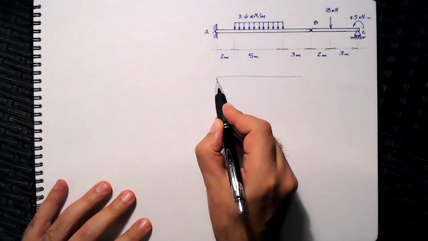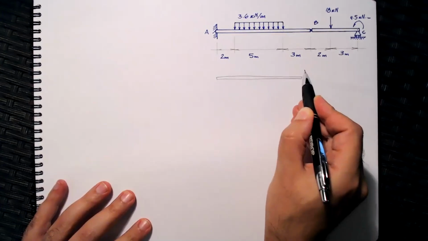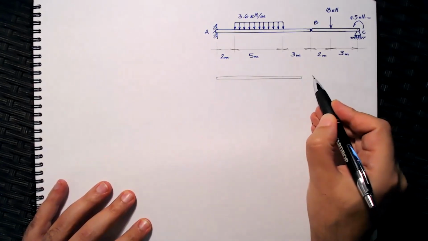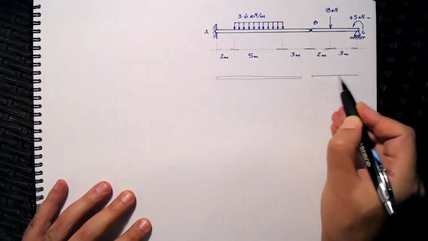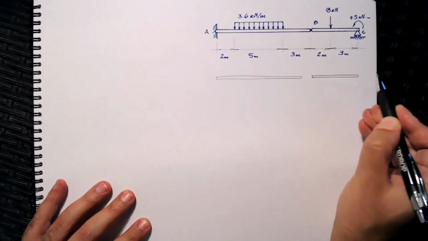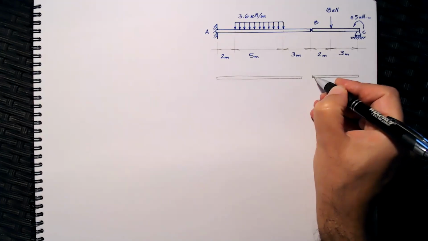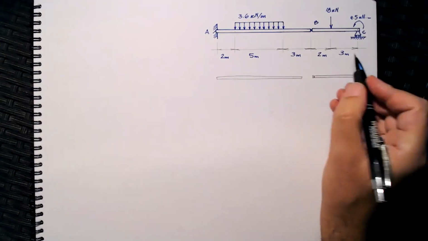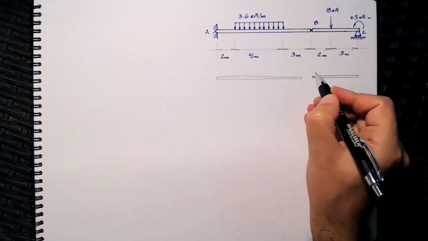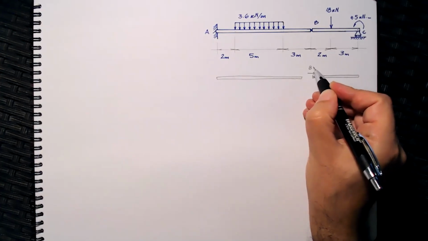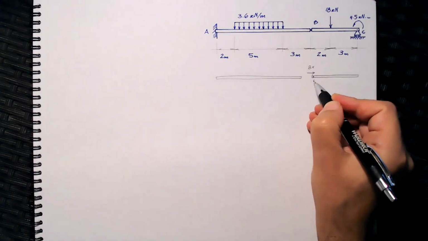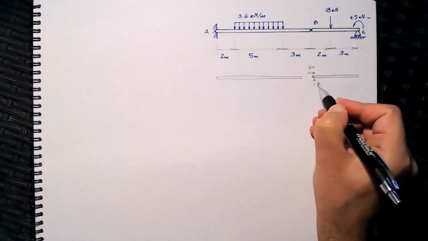This is the left-hand side. This is the right-hand side. I will quickly assume B to be a hinge support. So I will give it a force in X, let's call this Bx, and a force in Y, let's call this By.